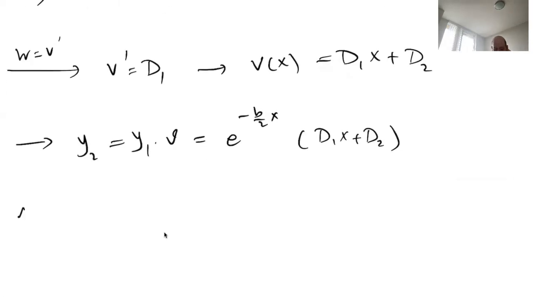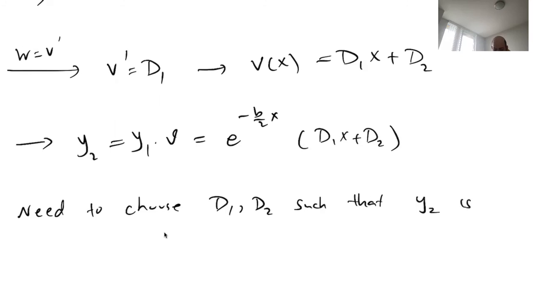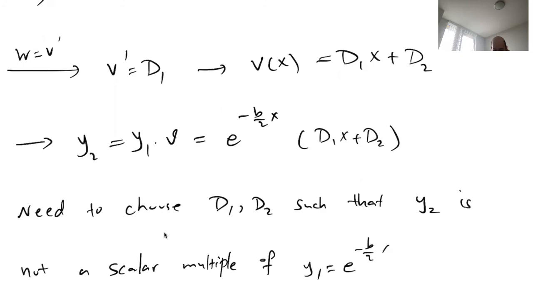So we need to choose d1 and d2 such that y2 is not a scalar multiple of y1, which equals e to the power minus b over 2x, see above.